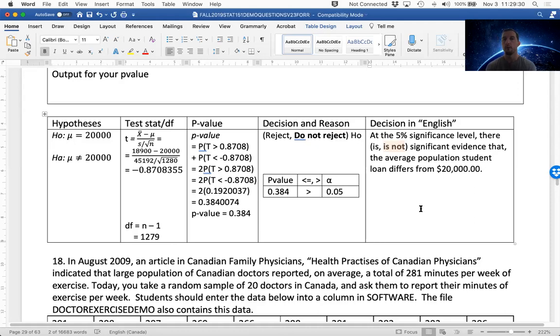Once we found our test statistic, we then had to find the p-value. The p-value we can find using Rcmdr directly. Typically, p-values in lecture would be found using the standard normal table or the student t table.